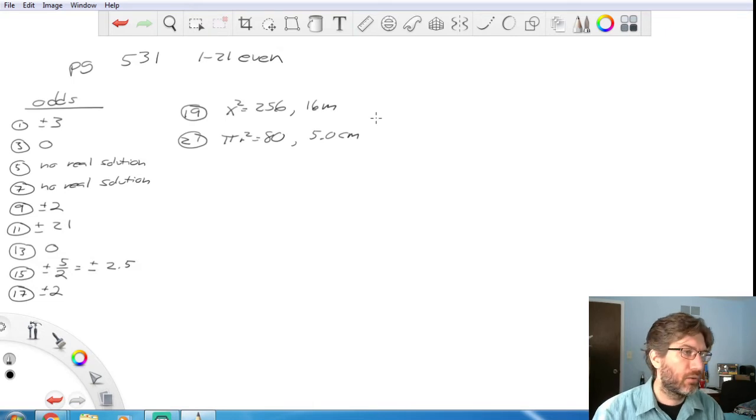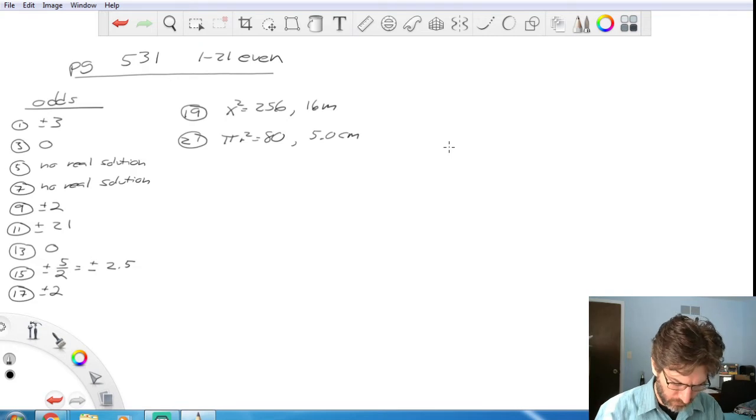Go ahead and look through your work from yesterday and see if you got similar answers. If there's something you're screwing up and you don't know why, ask. If you didn't understand something, ask. Today's work is just the even set. It gives you some more practice graphing some things, more practice picking out solutions, and working with square roots.